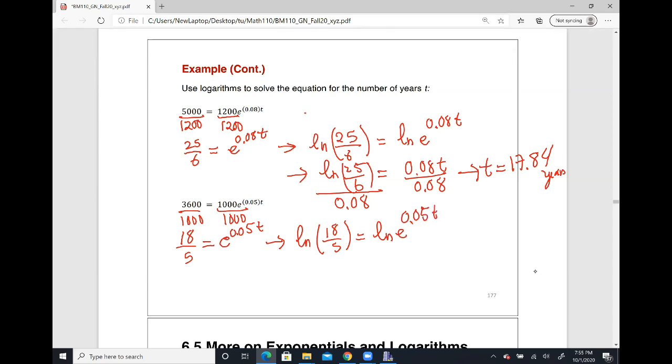You can actually, if you remember the way I did before, right away convert it to the exponent form. It should be the same.